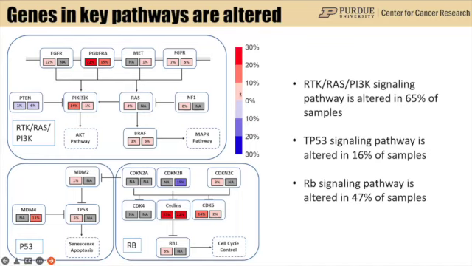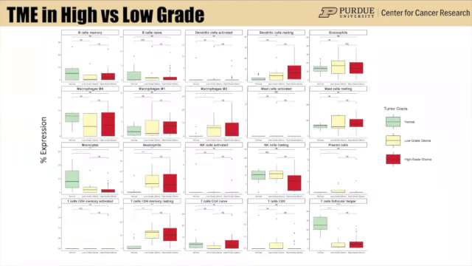So overall, despite the relatively low sample size that we have here, 79 samples, we are seeing major alterations in these pathways. We also decided to look at whether we could see immune composition differences between low and high grade in particular, but as well as between normal and glioma.